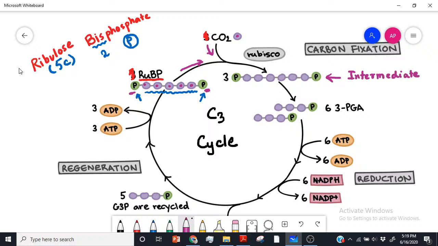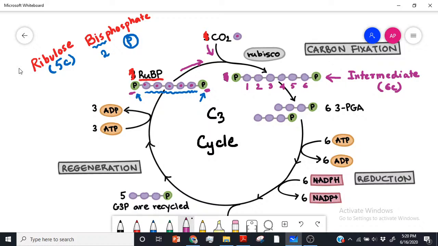Now if you count over here how many carbon atoms we have, ignoring these balancings: 1, 2, 3, 4, 5, 6. So basically this intermediate is 6 carbon containing, right?